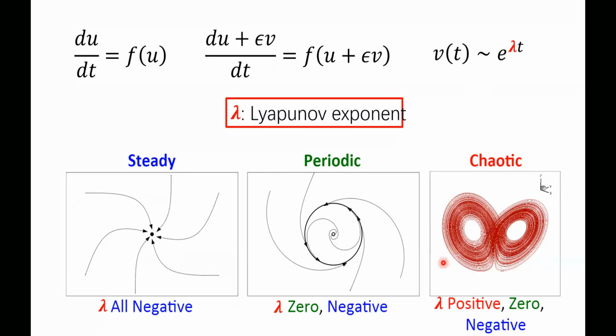Of course, we are interested in chaotic dynamical systems, where there exists at least one positive Lyapunov exponent. A positive Lyapunov exponent means that there exists some perturbation such that if you perturb in that direction, the perturbation would grow exponentially.